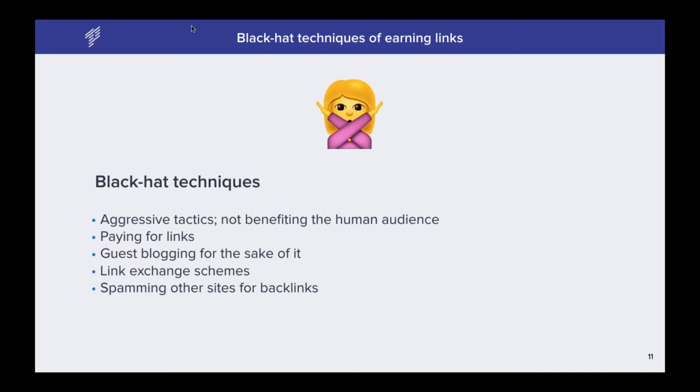And also spamming other sites for backlinks, especially in the comment section. It sometimes can be used, of course, if it is beneficial. For instance, if you're trying to get in contact with some expert or authority in your niche, and he wrote a really in-depth and great article on a specific topic, then you could put a comment saying it was a great piece of content.